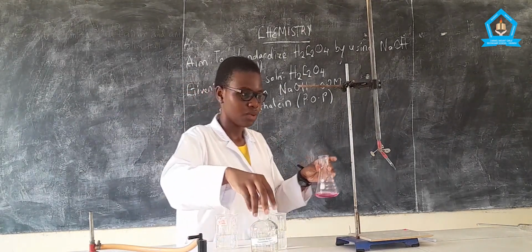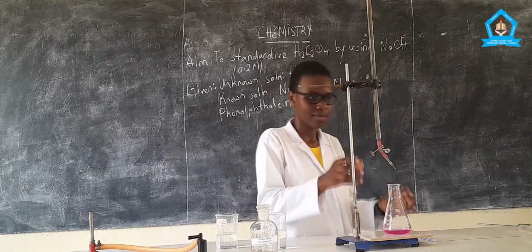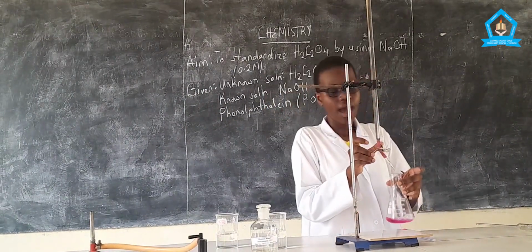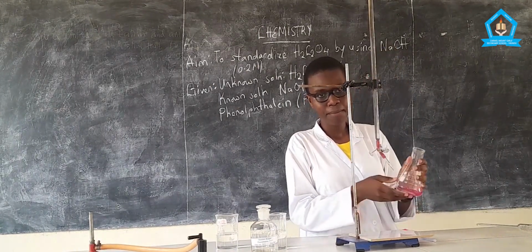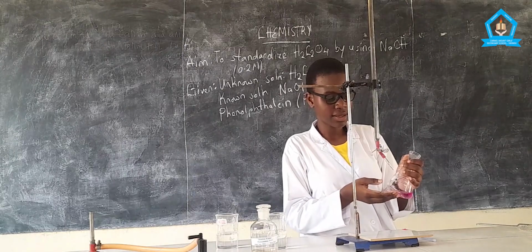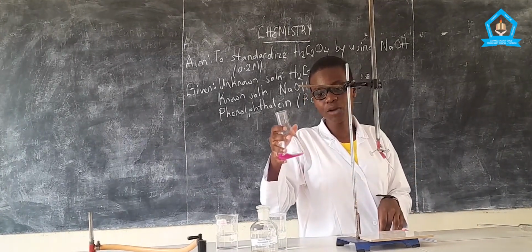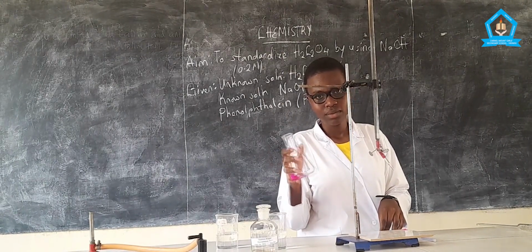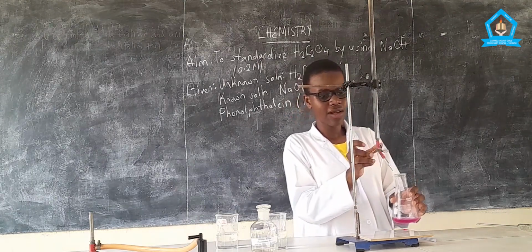After that, we are going to the second stage of titration. I will allow a small amount of acid to drop into the flask containing base so as to make the solution standardized. I have to obtain a colorless solution to indicate the end point of our chemical reaction. I will begin.